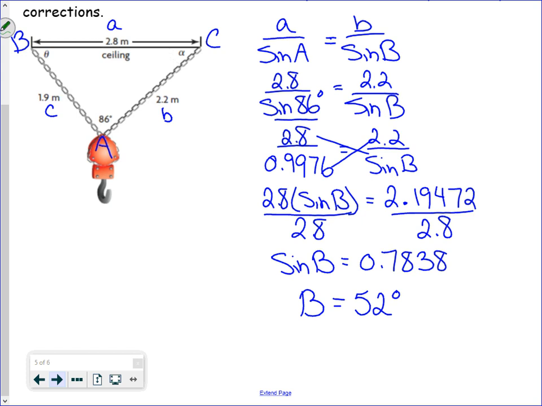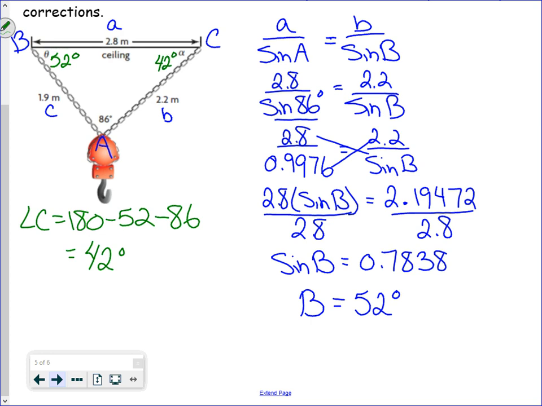So we know that angle B is actually 52 degrees. In order to find angle C, we will just take our 180 degrees, subtract the 52 degrees, and subtract the 86 degrees. And we'll end up with 42 degrees for angle C, or for angle alpha.